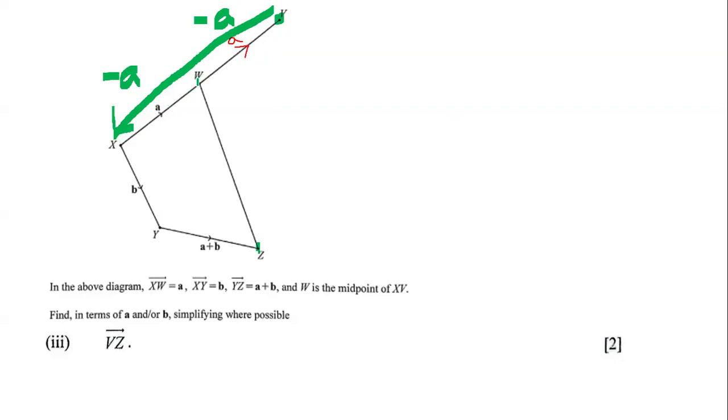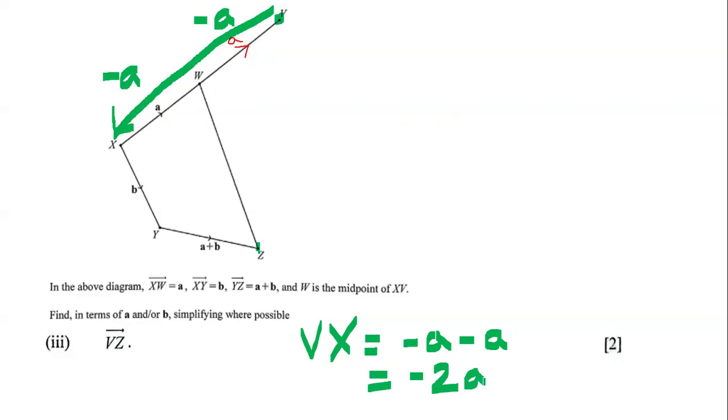So vx is equal to negative a and negative a, which is negative 2a. So if we're trying to go from v to x, that's going to be negative 2a.